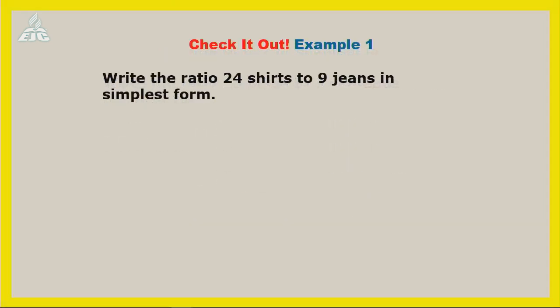Here's another example. Write the ratio 24 shirts to 9 jeans in its simplest form. Giving you just a minute. Remember, simplest form, we are going to make it smaller. We are going to find our highest common factor for both numbers. So we write it as a fraction.